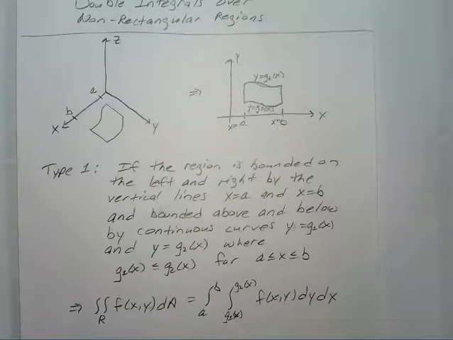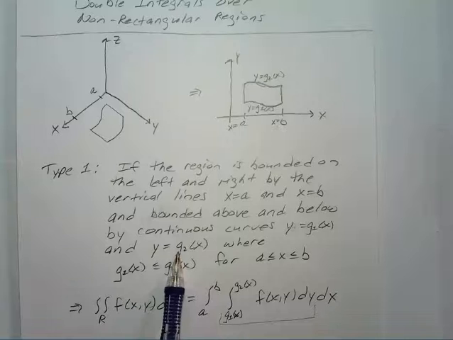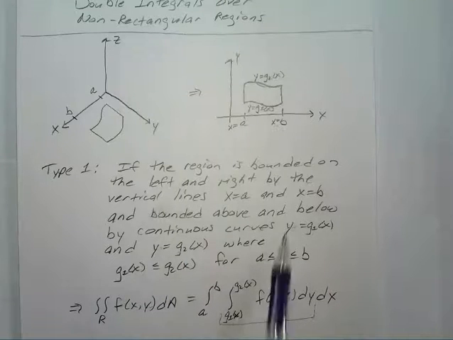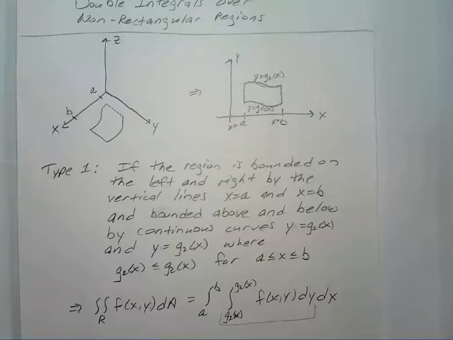You notice here, since it's with respect to y, your two functions that are equal to y would be on the inside. So you want to make sure you don't mix those two up.